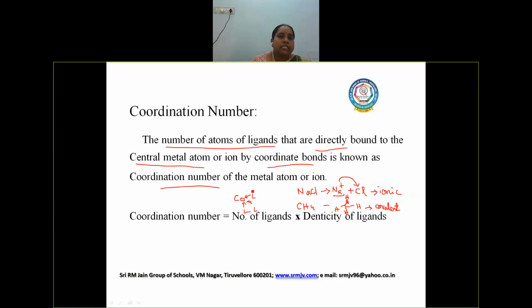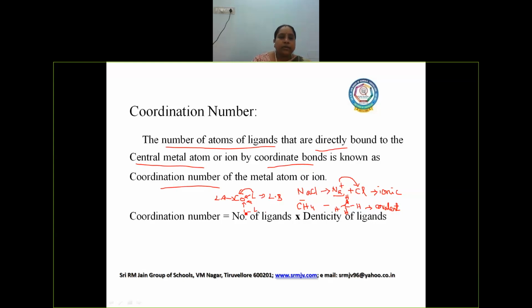So these ligands will donate electrons to the central metal atom. In the case of coordination complexes, the ligand donates electrons and becomes a Lewis base, whereas the metal accepts a pair of electrons and acts as a Lewis acid. That's clear, children? So this type of bond is called what? Coordination bond.